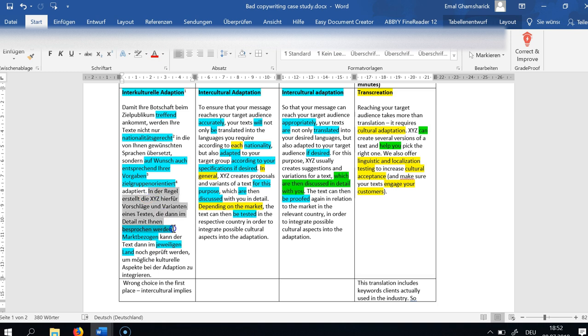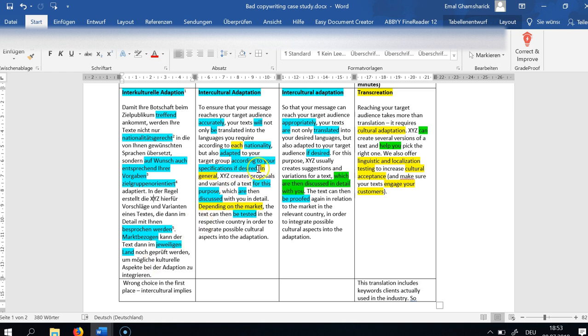For example, in this sentence: "in der Regel erstellt XYZ hierfür Vorschläge und Varianten." So you have XYZ, this is the company, they're creating variants, "die dann im Detail mit ihnen besprochen werden." So this passive introduces another agent, but actually it's the same agent, the agency, which is going to create the texts and talk about them with you.